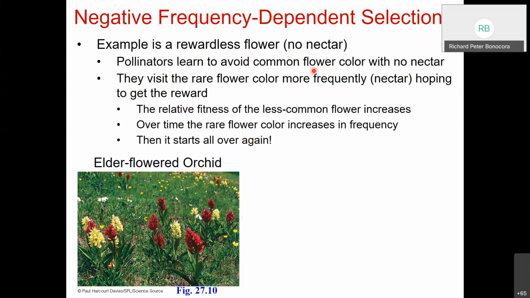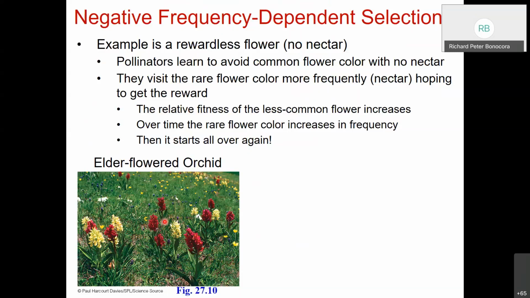None of the flowers have nectar, but say, for example, yellow is most common. They're going to run to the yellow flowers, learn that yellow flowers have no nectar, and start avoiding those. And when they see a different colored flower that's more rare, they're going to be hoping to get nectar from those flowers. And so now they're going to start pollinating those flowers.